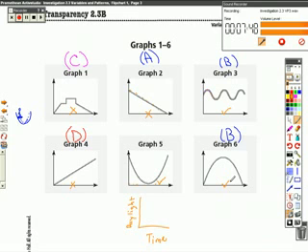Are you looking at it from one season to the next? So basically, are you saying, as I go from winter into summer? You could say graph 5. Okay, so graph 5 could be. Graph 6, as I go from spring to summer to fall and then to winter.